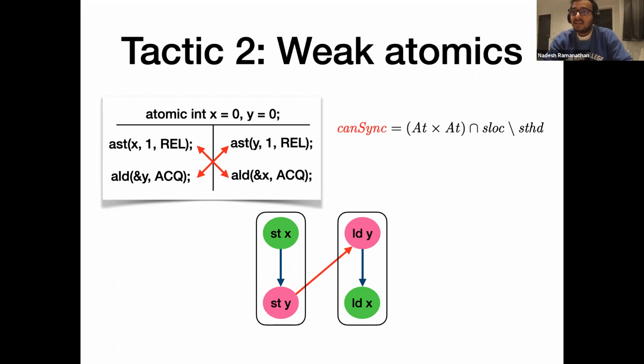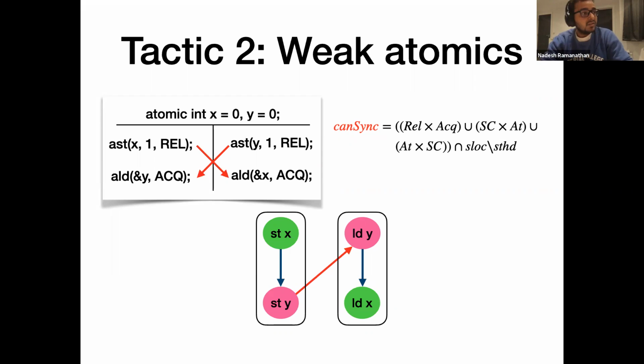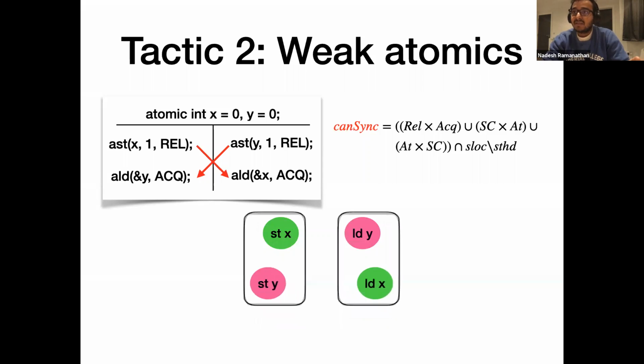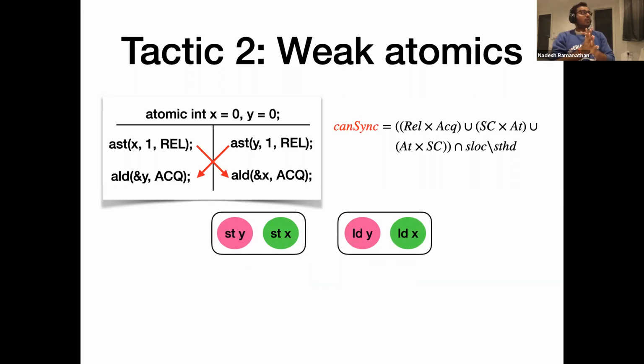But if you consider the weakness of the operations, then you can see that actually the release and acquire definitions say that you only need to go in one direction. So in that case, you won't have this synchronization opportunity, and therefore you won't need to inject any path and any program order edges, and you can run them freely. So it is always been the case that weak atomics is slightly notorious, and it's very subtle, and it can be buggy if you don't implement it correctly.